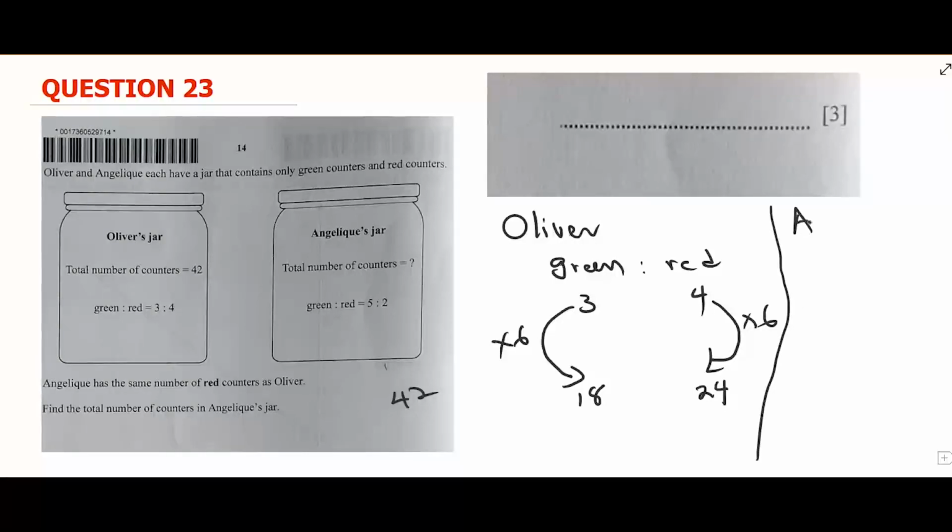So for Angelique here, we have green ratio red in the ratio 5:2. But we have been told that Angelique has the same number of red counters as Oliver. So that means the red will also be 24 here. So it is now easy for us to get the answer.